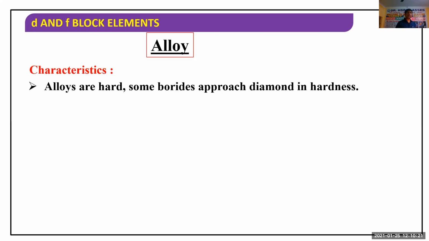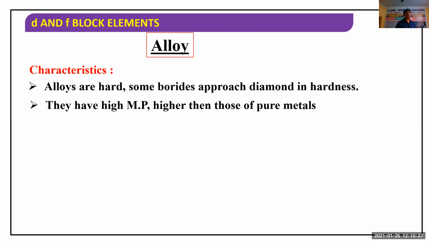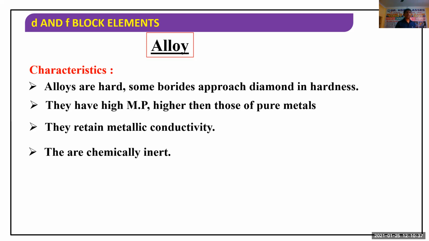Characteristics of alloys: they are hard. Some carbides approach diamond in hardness. They have high melting points, higher than those of the pure metals. They retain metallic conductivity. They are chemically inert.